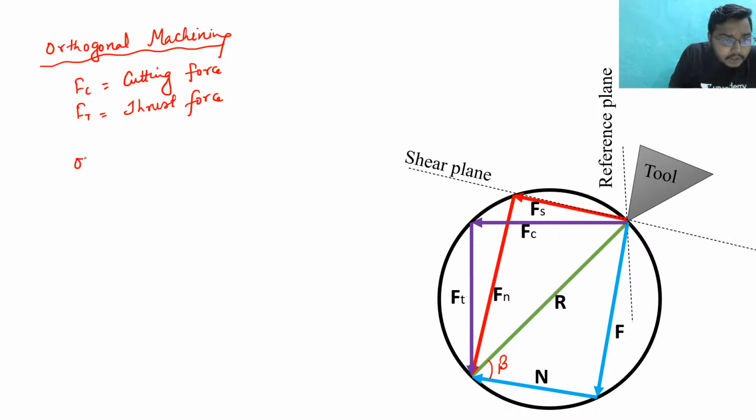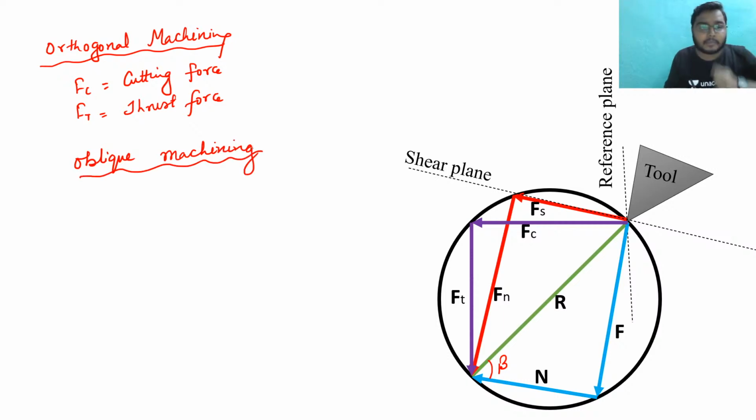And when it is oblique machining, there are three types of forces.